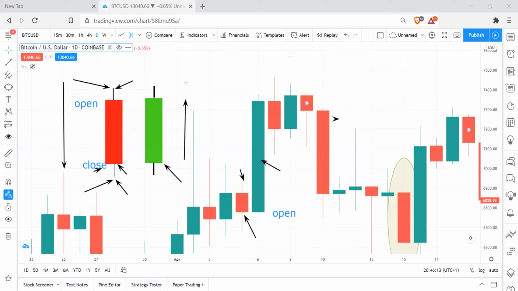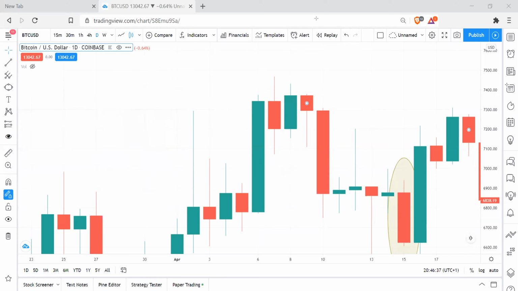Where does this candle close? Over here. Where's the highest point that it got to? This. Where's the lowest point that price got to? Over here. So I hope that's clear now. If you get that, you could just send a message in the chat box. Just say it's clear. Then we continue.